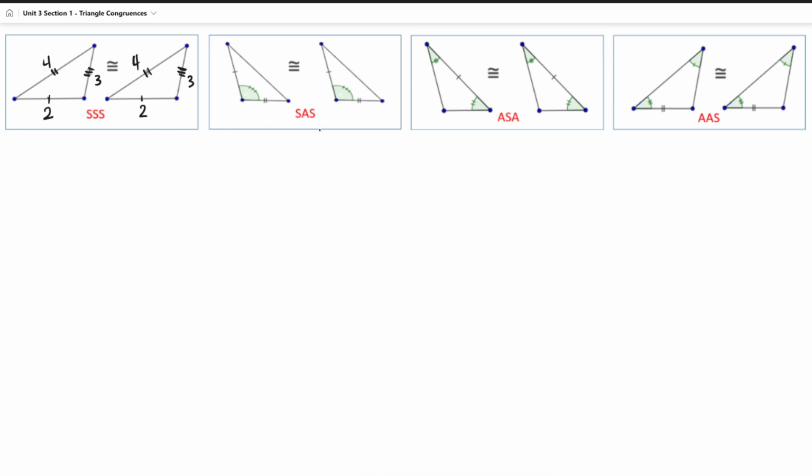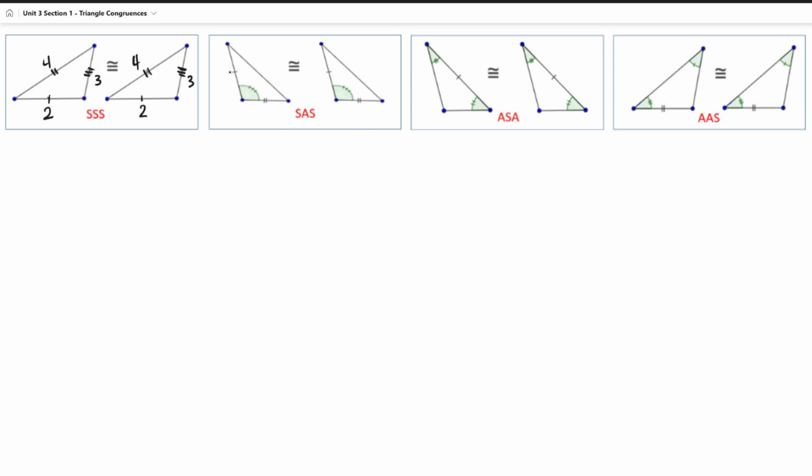Next we have side angle side. If two sides and an included angle of one triangle are congruent to the corresponding parts of another triangle, then once again the triangles are congruent.